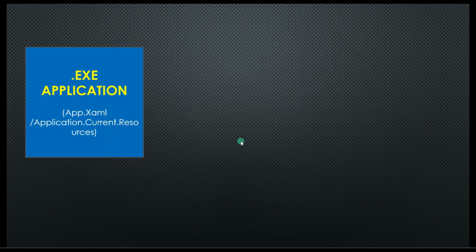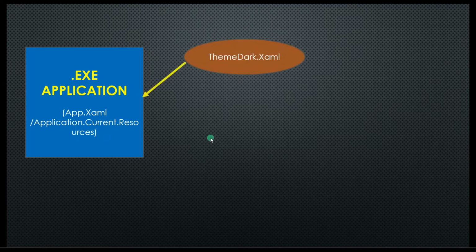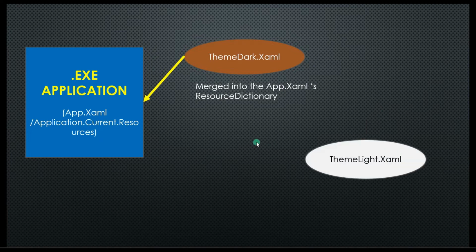Okay, let's say that you have added a theme. When I say add a theme, it's nothing but inside Application.Current.Resources, you merge it. That's what I mean by adding the theme. And let's say you also have one more theme, theme light, as we have seen before.